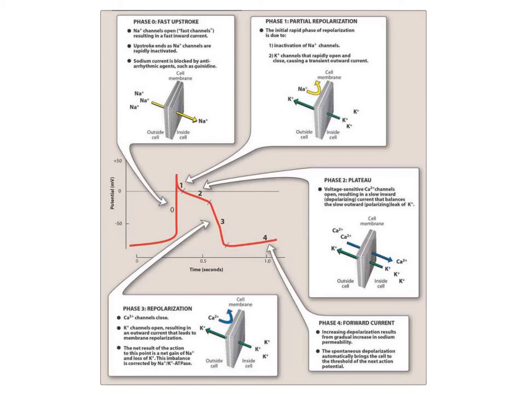Phase 1 is the partial repolarization phase, a rapid phase of repolarization where the potassium channel rapidly opens and closes. Phase 2 is called the plateau phase, where the voltage sensitive calcium channel is open and there is a balance that slows the outward leak of potassium.